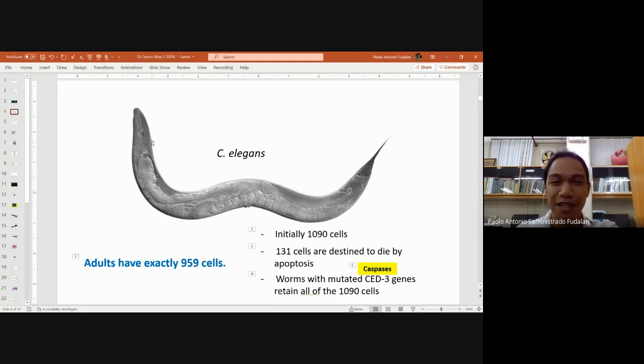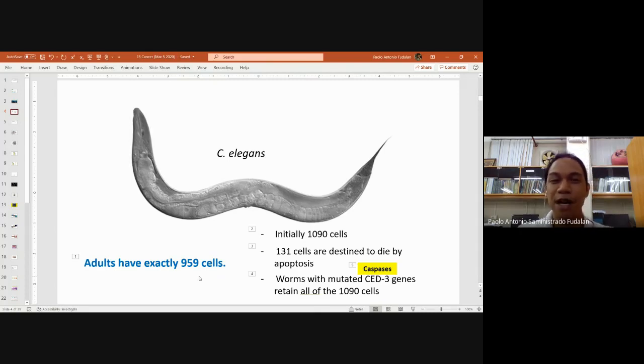If scientists count the cells in adult C. elegans, it's always 959. Initially, the cells in the eggs or the embryo of C. elegans is 1090. So what happened to the 131 cells? Those actually died during the development so that in the adults, there are only 959 cells.